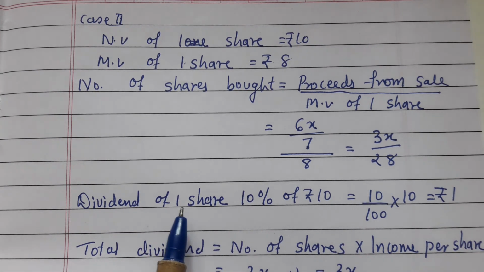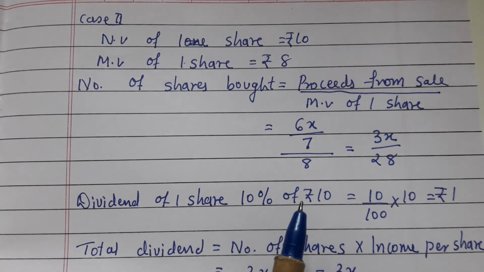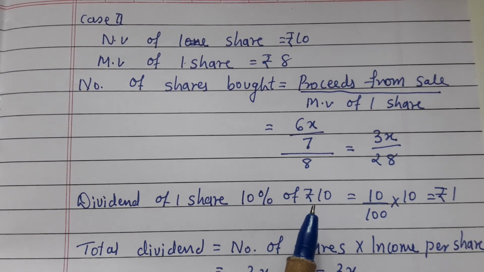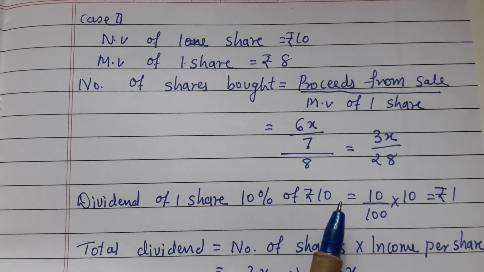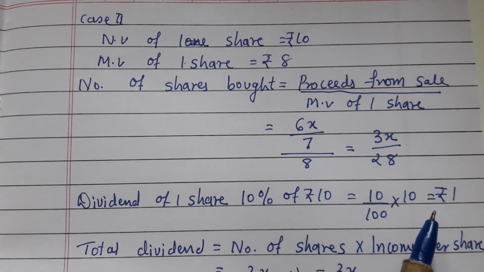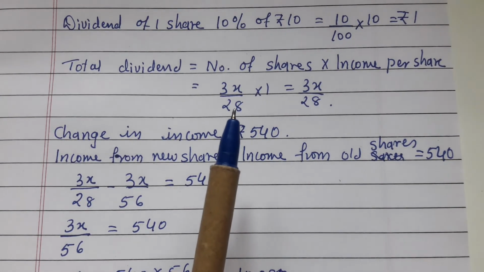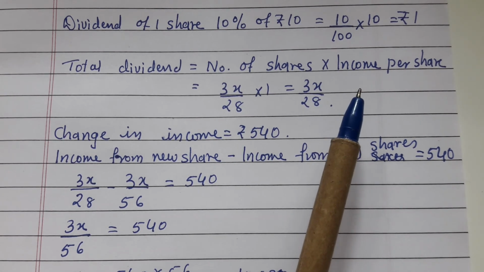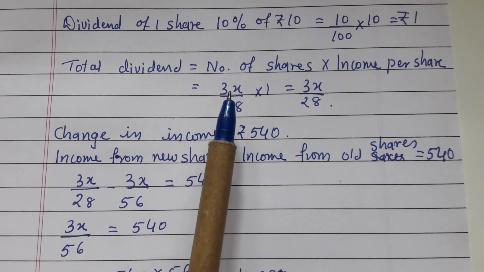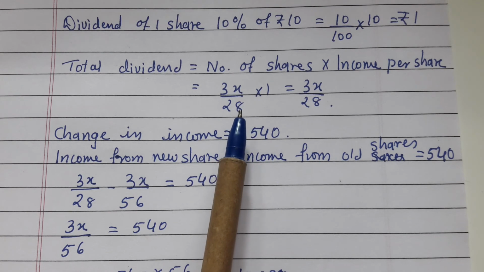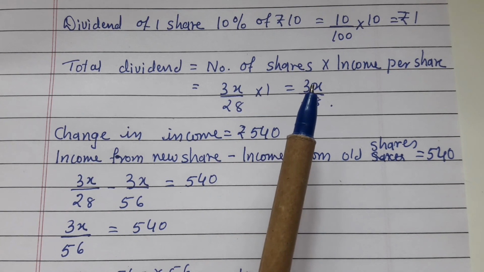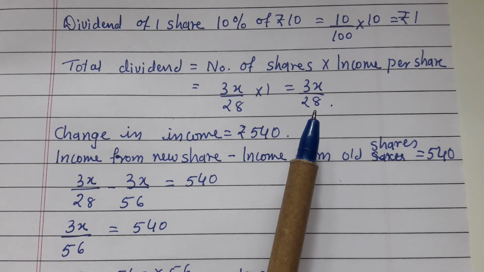Dividend on one share is 10% of rupees 10, that is 10 upon 100 into 10, equal to rupee 1. Total dividend, number of shares into income per share, is 3x upon 28 into 1, equal to 3x upon 28.